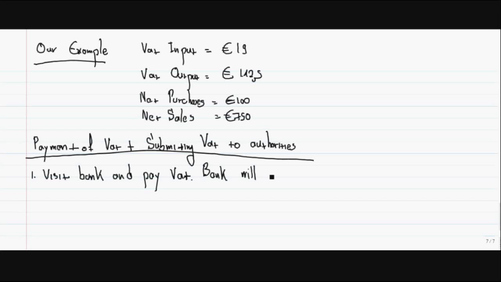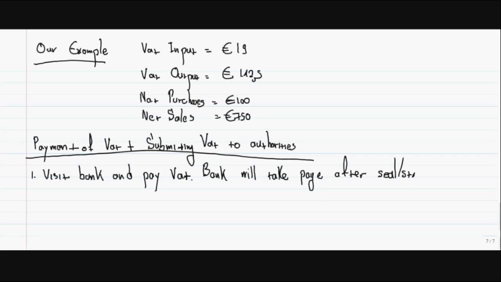etc. Once you visit the bank, you need to have with you this 3-page VAT form and tell the cashier that you want to pay the amount payable to VAT.